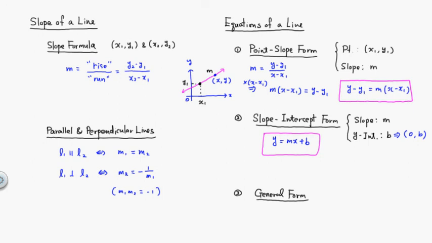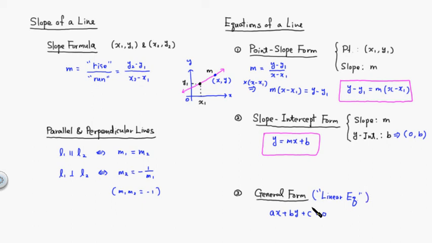The general form is a constant times x plus a constant times y plus a constant term equal to 0. This is also called the linear equation, because any line can be written in this form.